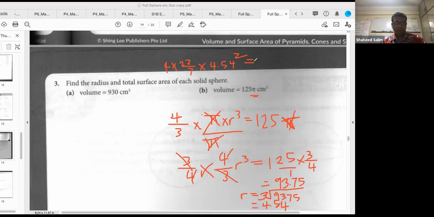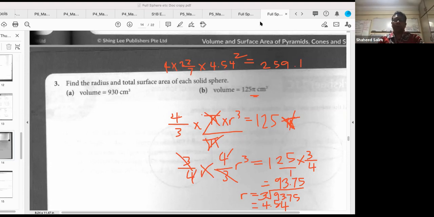I get 259.1. So this is more or less quite standard, this thing.